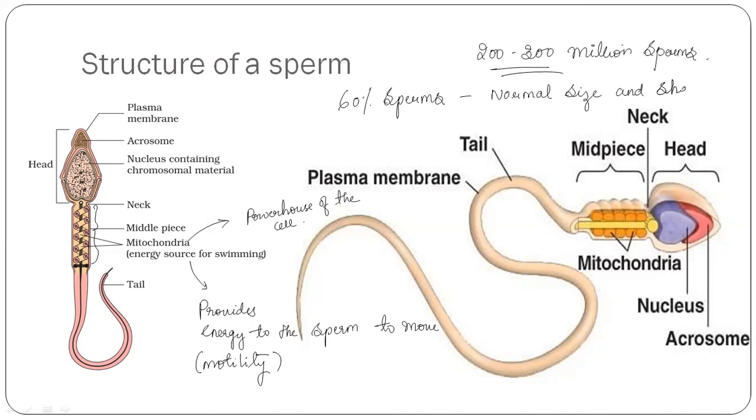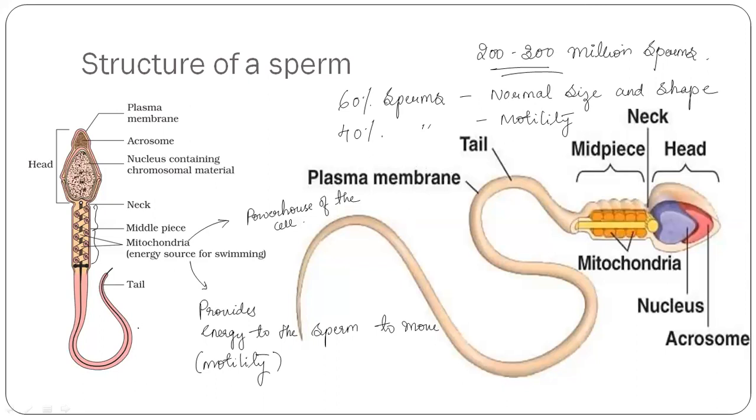And 40% of the remaining sperm should show vigorous motility, means high movement, very fast movement.